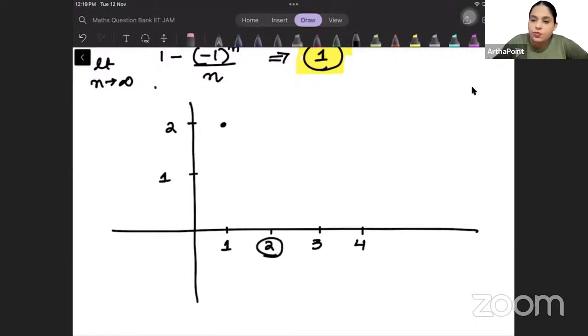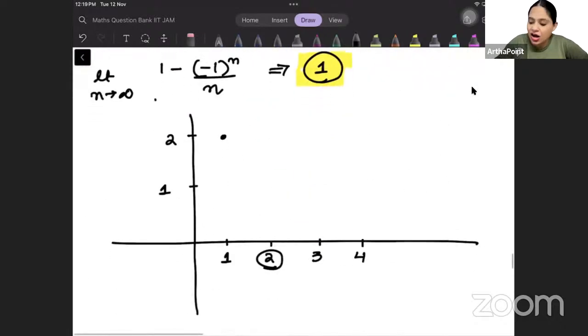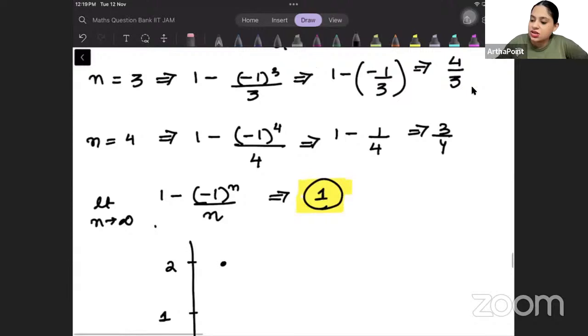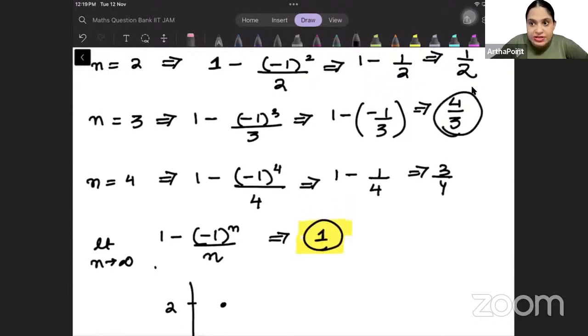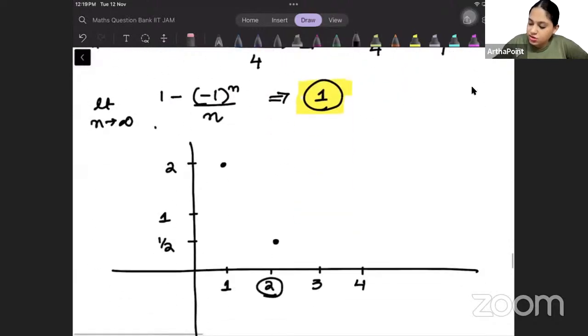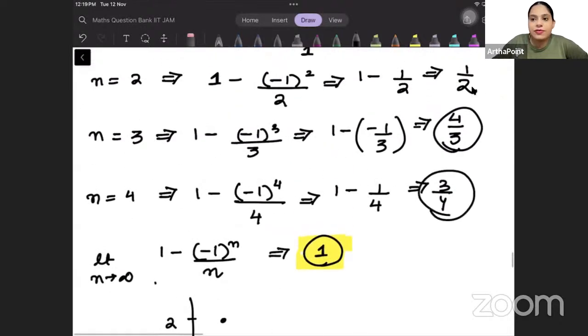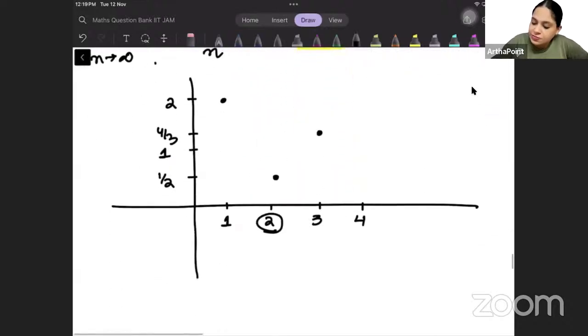When n is 2, I'm getting the answer as half. That means here. When n is 3, I'm getting 4 by 3. 4 by 3 is 1.33, more than 1. So 4 by 3 can be somewhere here. When n is 4, I'm getting the answer as 3 by 4. That means 0.75. So 3 by 4 will be close to 1.